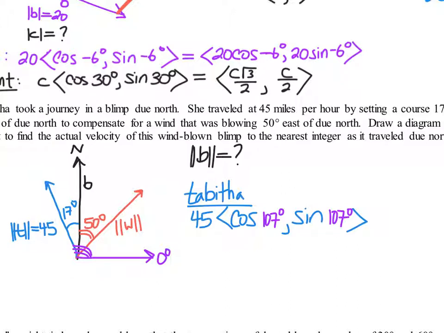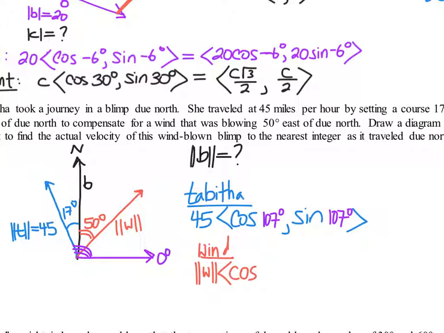All right, we can work that out in a minute, but let's take a look at the wind. We don't know the magnitude of the wind, unless I'm missing it. No, we just know the angle. All right, so the magnitude of the wind multiplied by the cosine of its angle.